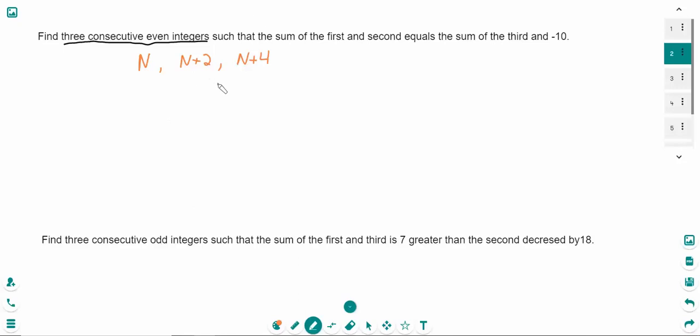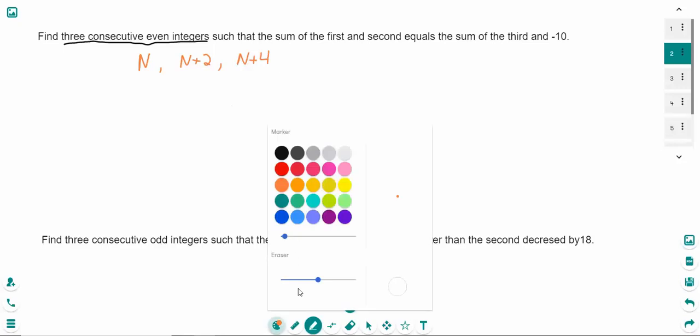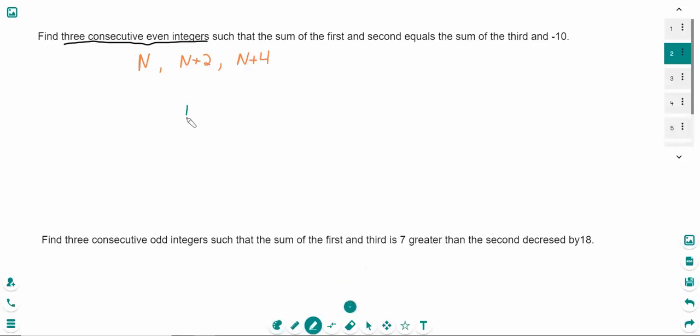All right, so such that the sum, well, what's the sum? The sum indicates addition. So something is being added together. The sum of the first and second. So the first and second are being added together. This is the first, this is the second. So we know they're being added together. So we have n plus n plus 2, right?